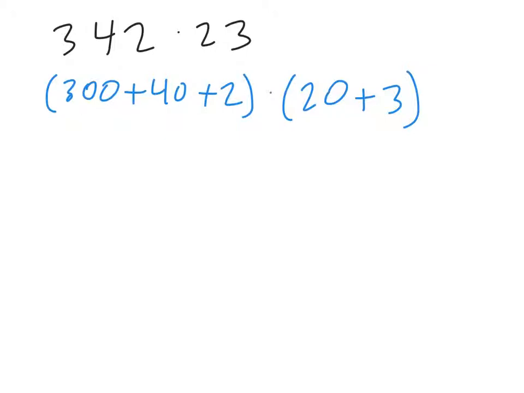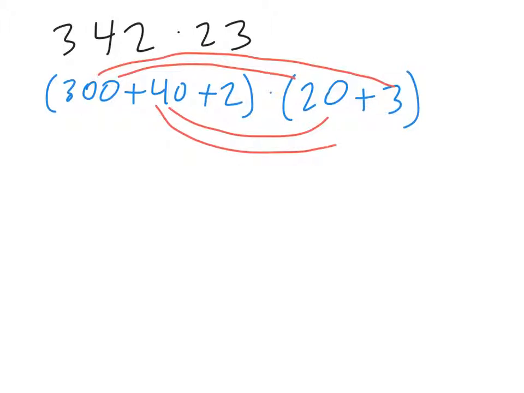So 300 will be multiplied by 20 and by 3. 40 will be multiplied by 20 and by 3. And 2 will be multiplied by 20 and by 3.